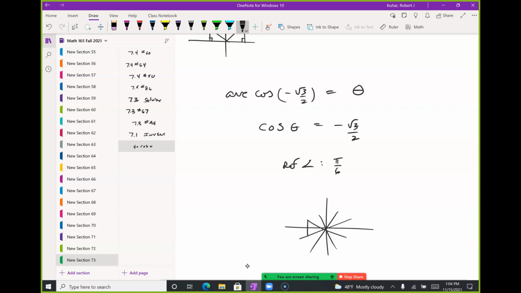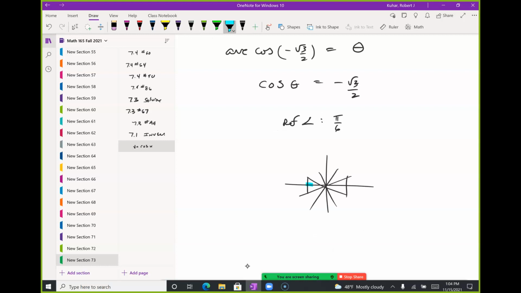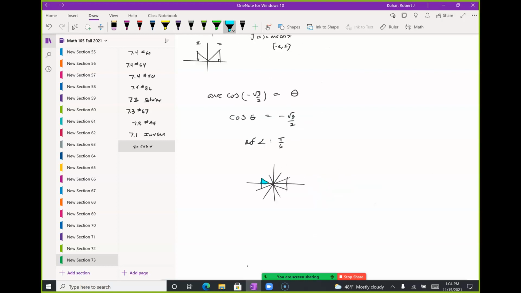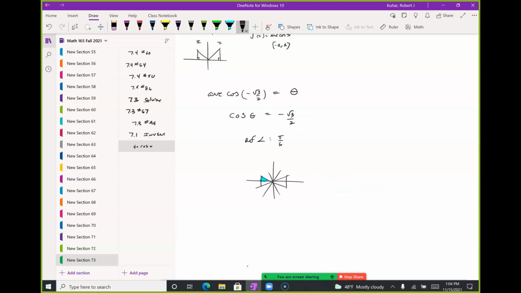Look at my bow ties, but then realize the bow tie I want is in quadrant 2, because that's where cosine is negative. So I'm going 1 pi over 6, 2, 3, 4, 5 pi over 6 is my answer. So the arc cosine of minus rad 3 over 2 is 5 pi over 6.